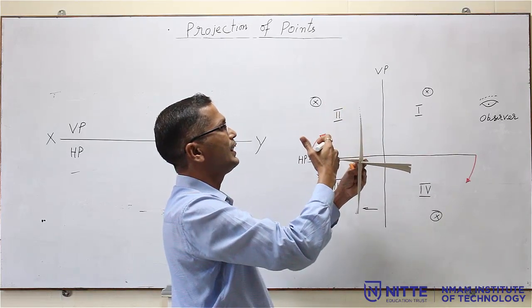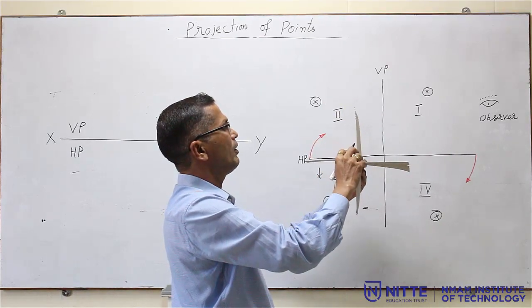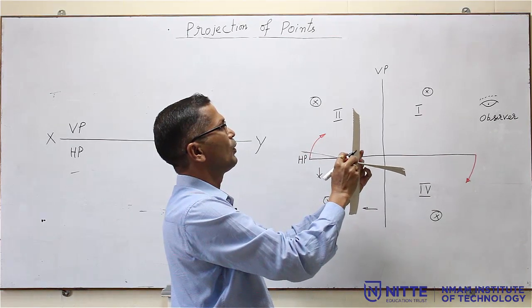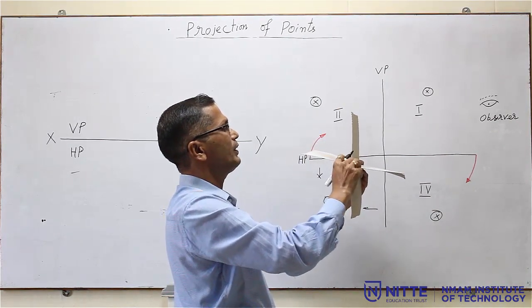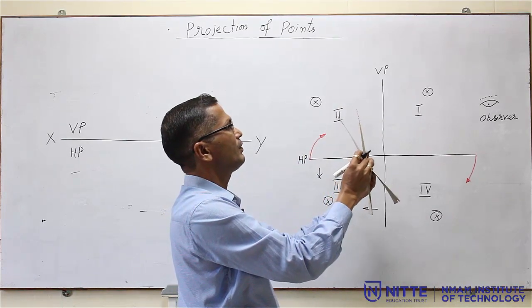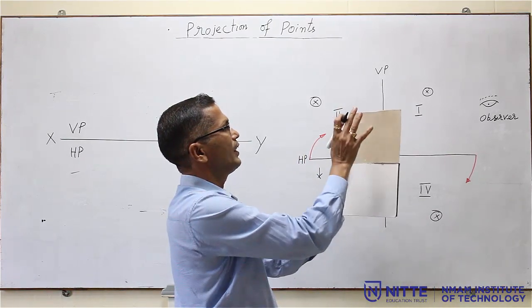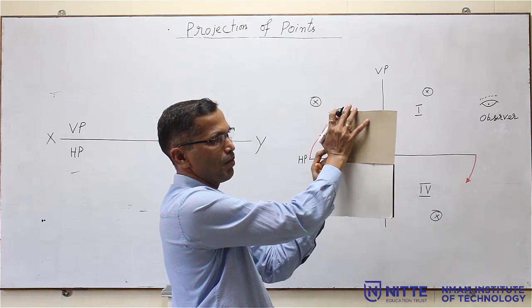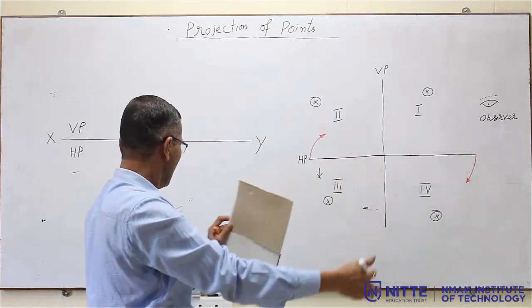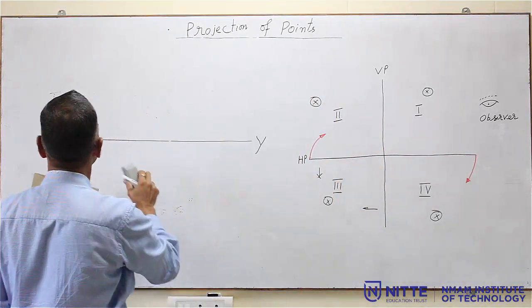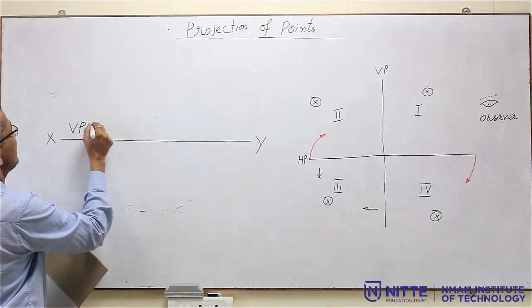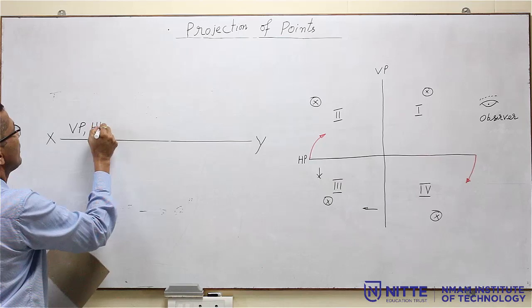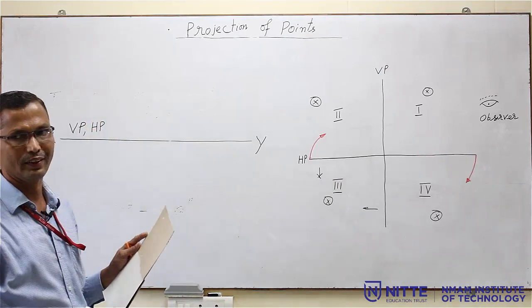This is VP, this is HP. So, I will rotate like this, with the XY line here. I am going to rotate the HP like this. Then you can see both VP and HP are merged together, above the line. So, for the second quadrant, VP and HP are both above the line.